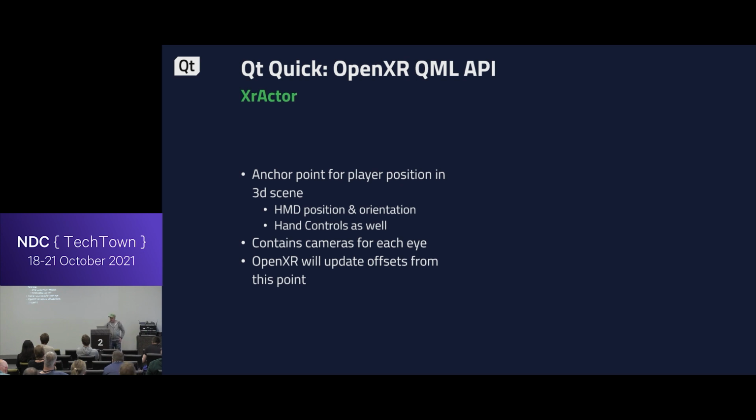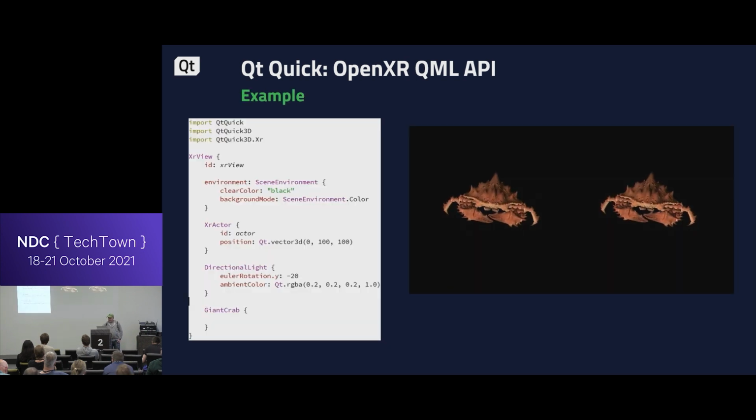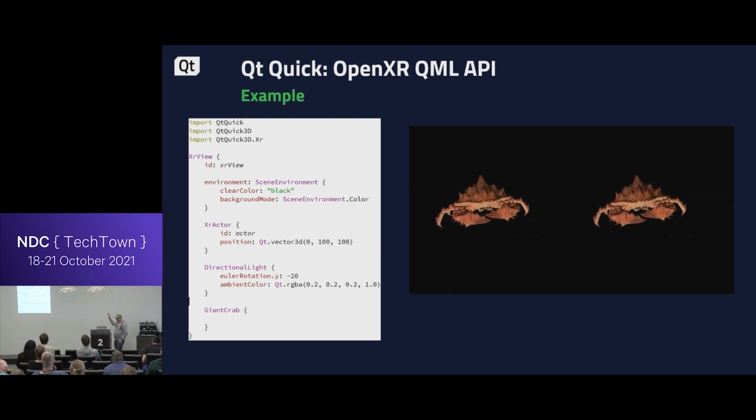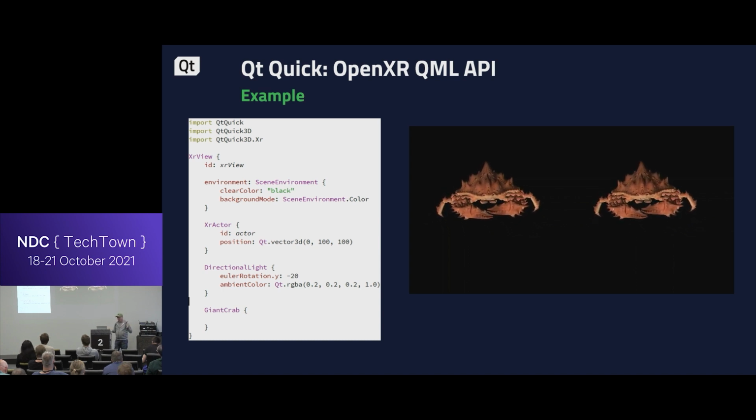And this is what the API looks like and what you would see in the headset with such a thing. So again, the XR view, you have a scene environment that says basically render the background black. You have the actor 1 meter off the ground and 1 meter back. 100 is in centimeters in this case. And just a light and a crab.